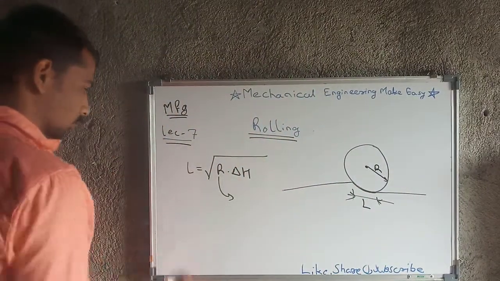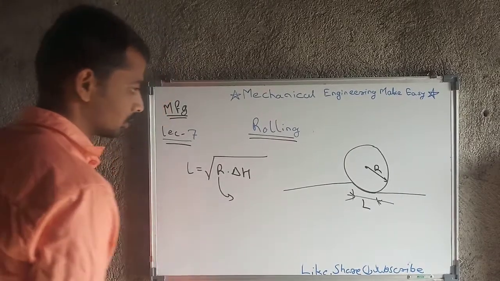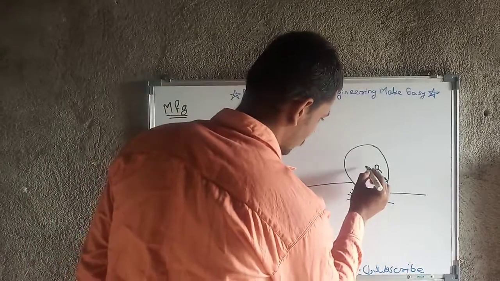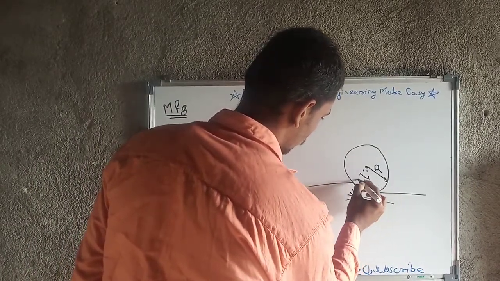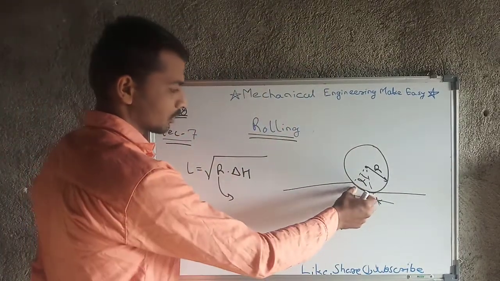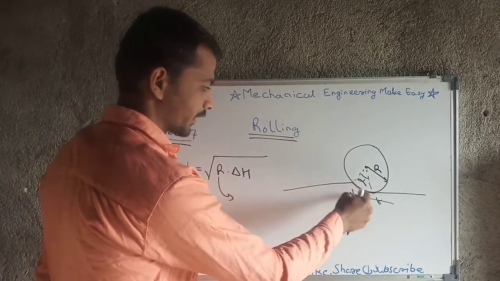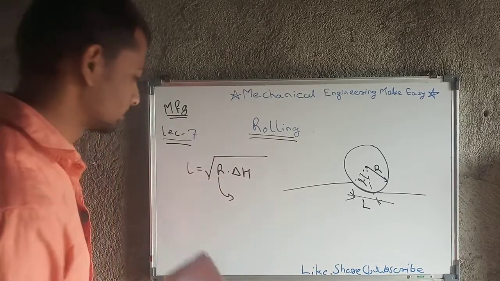Then the deformation angle or bite angle. Which is that? From the center, this is the deformation angle or bite angle, which is denoted by alpha. It means for how much angle the workpiece is in contact with the roller; that angle is nothing but the deformation angle or bite angle.